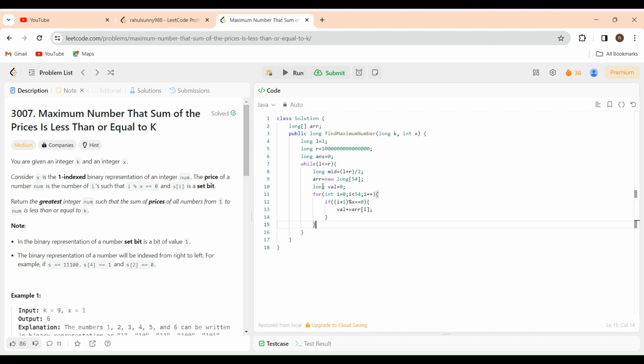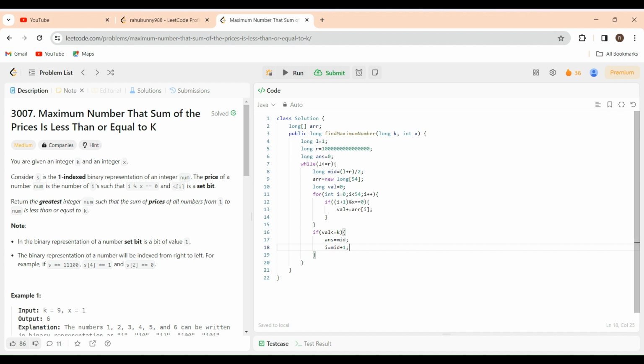Now, if my val is lesser than or equal to k, then my answer will become mid, and I will try to calculate for the bigger number. If the number is satisfied, then I will move my i to mid plus 1.